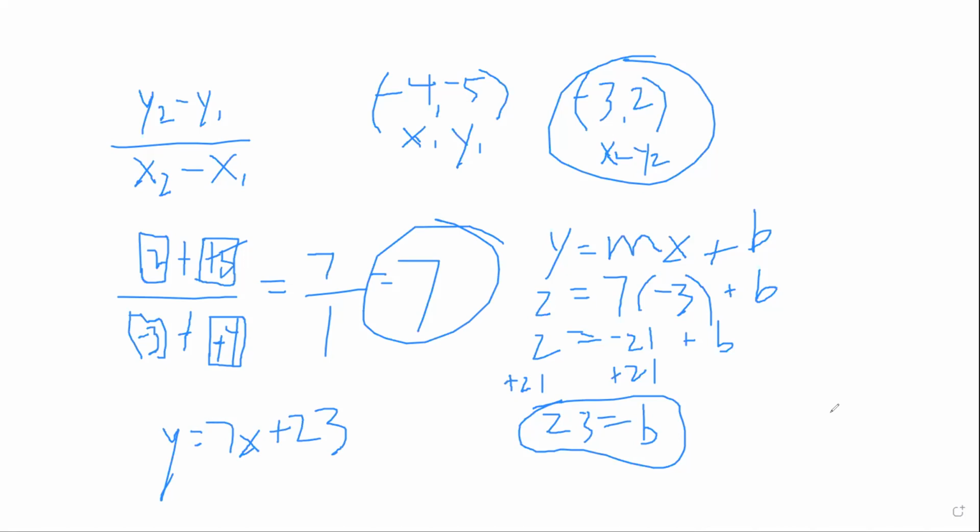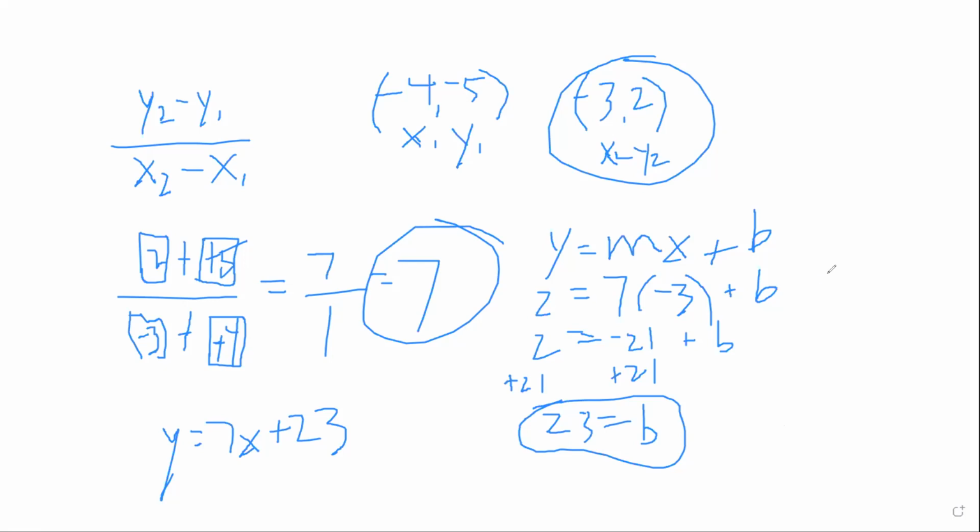Now, when I say I get the same y-intercept if I use the other number, does everyone believe me? Or should I show you? You don't have to believe me.